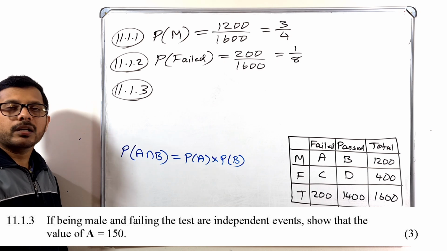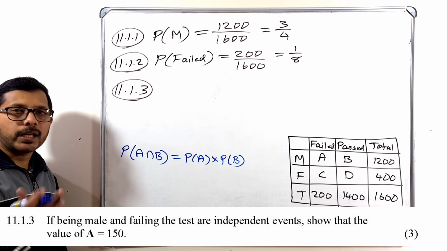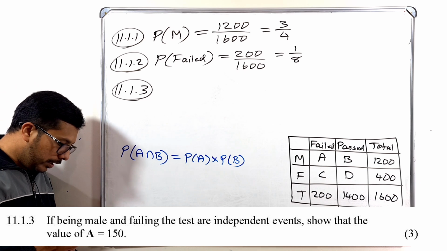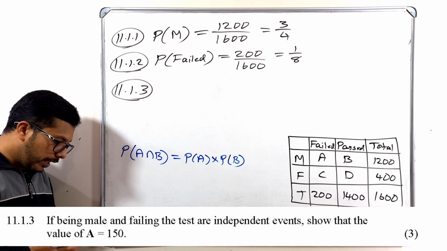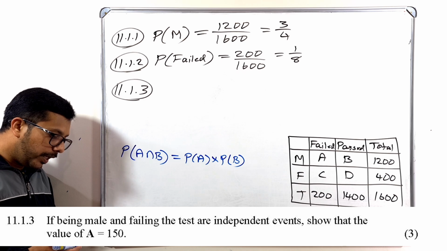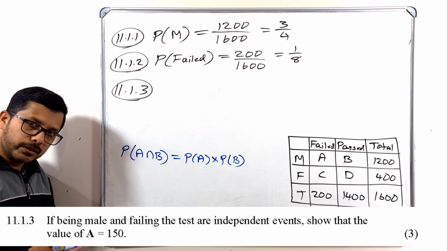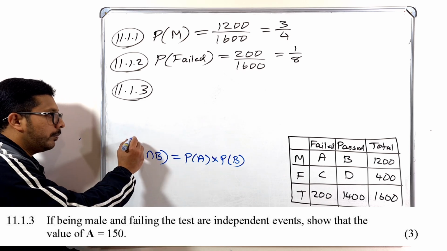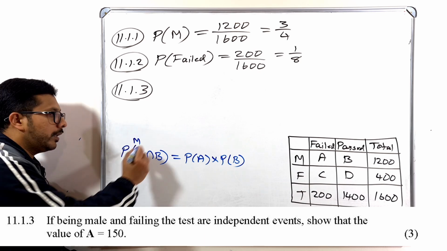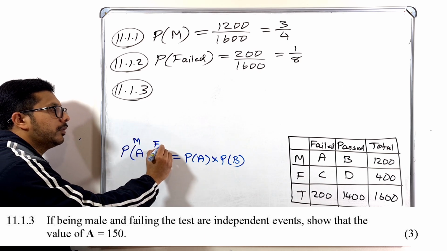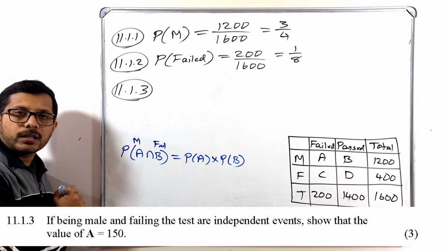So here, what are our events? It's not A and B. Our events are being a male and failing the test. Those are the two events.